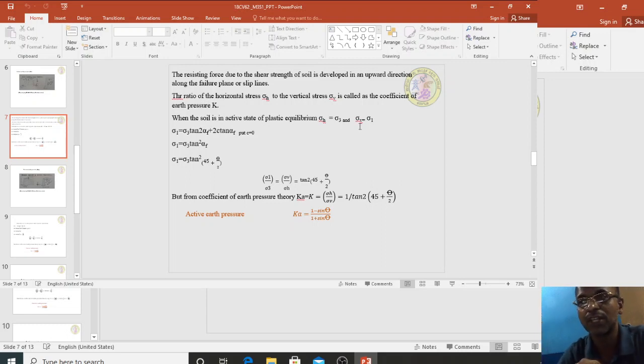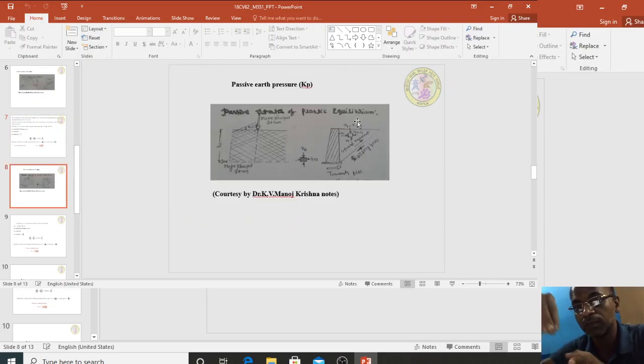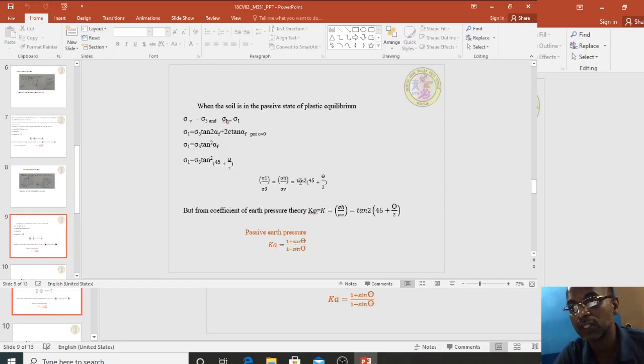In the passive earth pressure condition, sigma 3 will be the major governing parameter. Therefore, instead of vertical, the horizontal stress sigma h will be sigma 1.